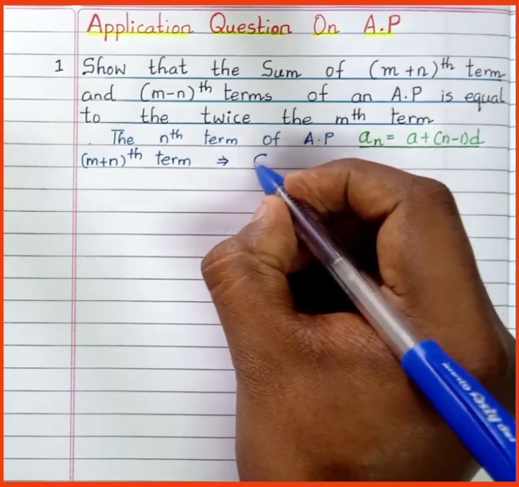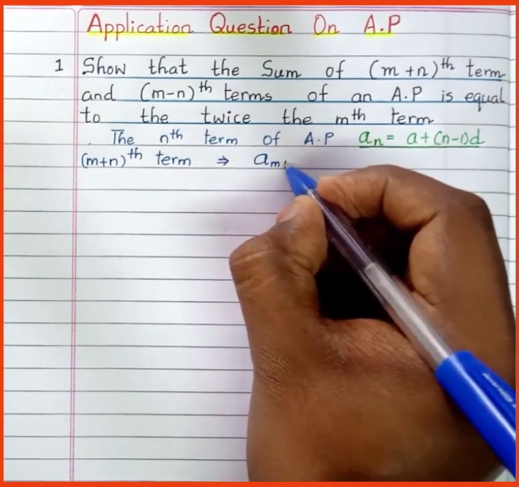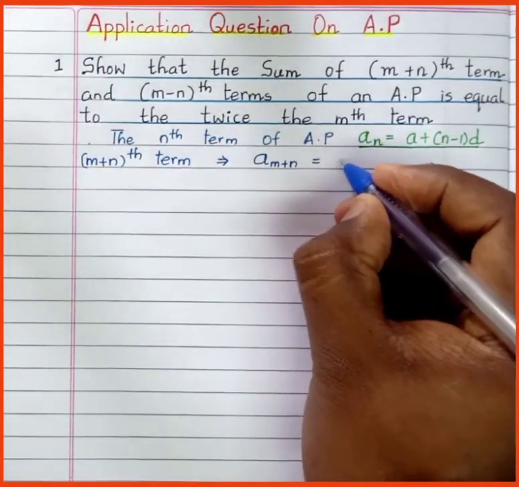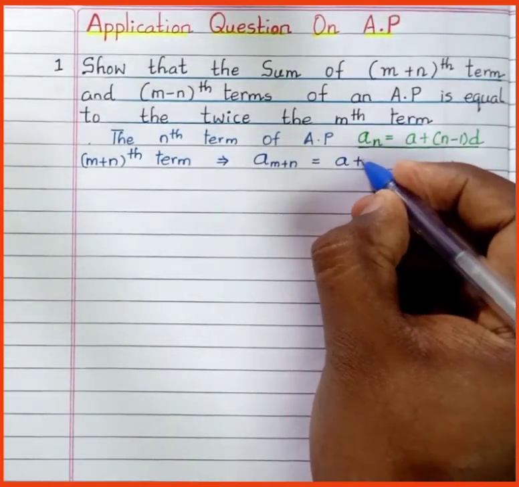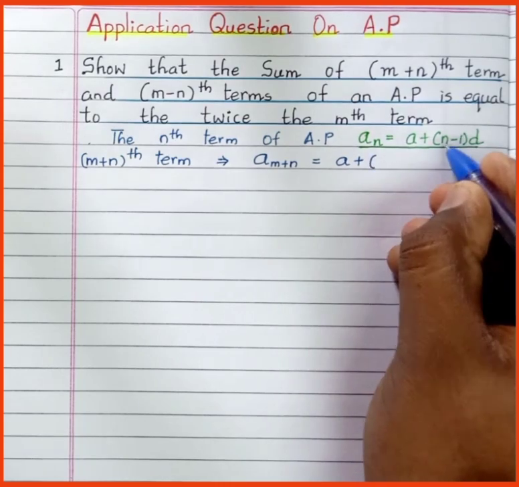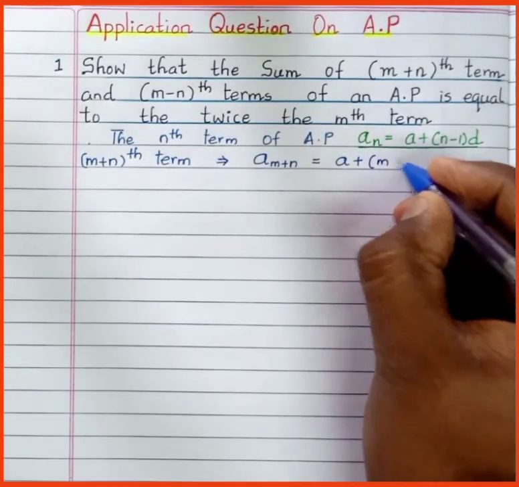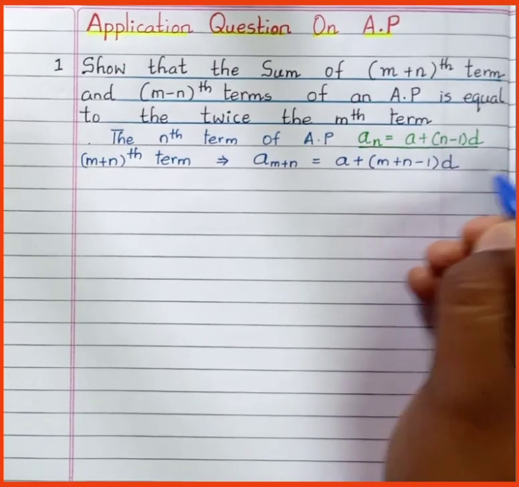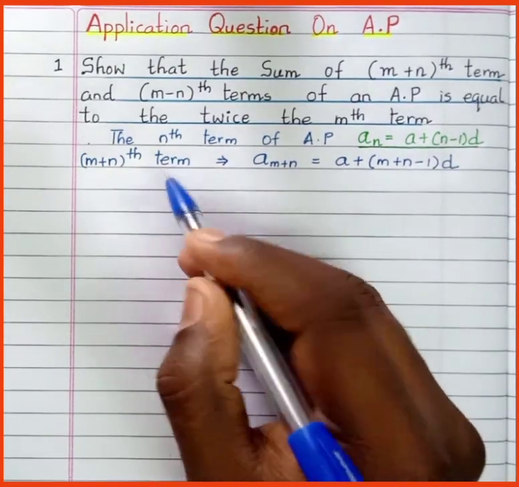That is, a of m plus n, where n is replaced by m plus n, which is equal to a plus, again replace n by m plus n, that is, a plus bracket m plus n minus 1 times d.